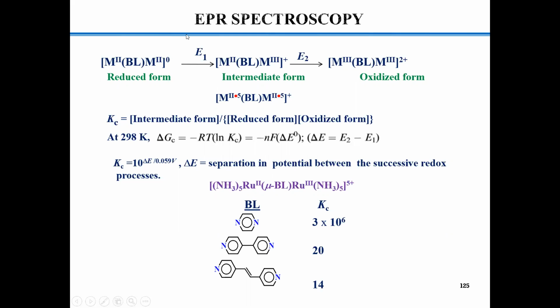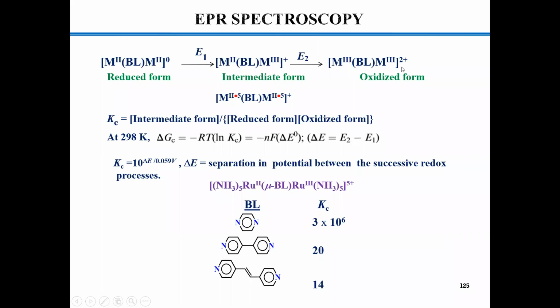But this oxidation process can take place simultaneously or via a 1 electron oxidation process. If this 2 electron transfer process happens simultaneously, that means there is no communication between the two metal centers via the bridge. But if it happens through the intermediate mixed valence situation, that means 1 electron first over here, and then another 1 electron transfer at this center.